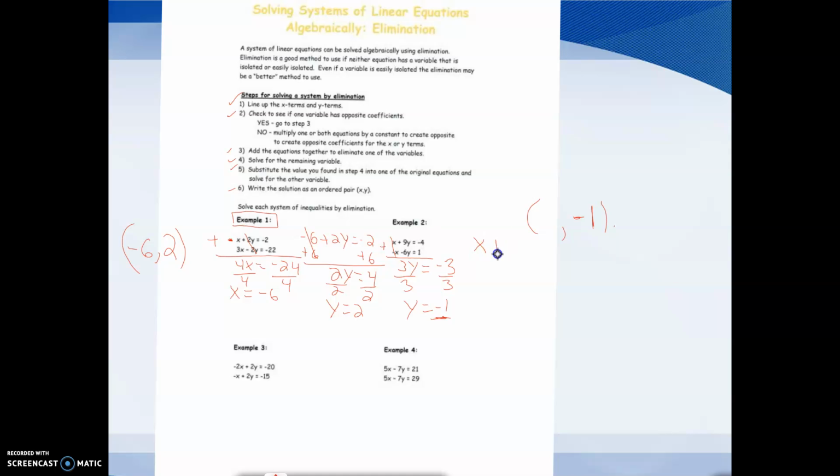So it's going to be x plus 9 times -1 equals -4. Okay. All right. So -9, right. I'm going to add it to 4.